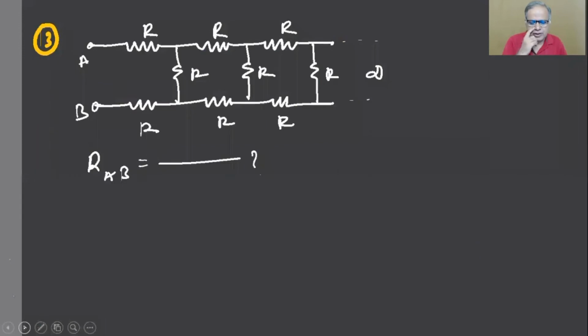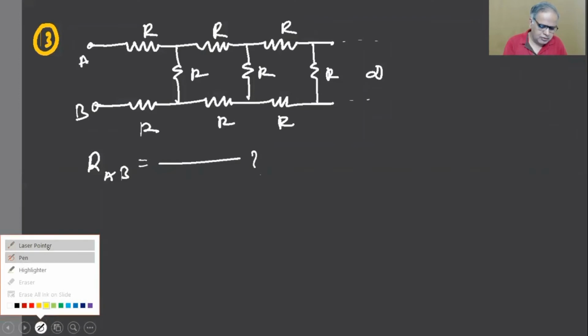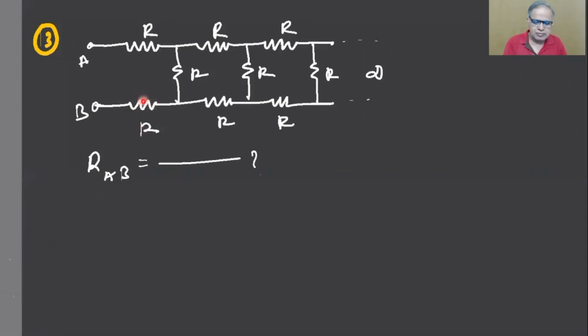What is the difference now, children? Only down, this resistance has come. So the first thing is what? We need to look at that basic unit which is getting repeated. So which basic unit is getting repeated here? This one.